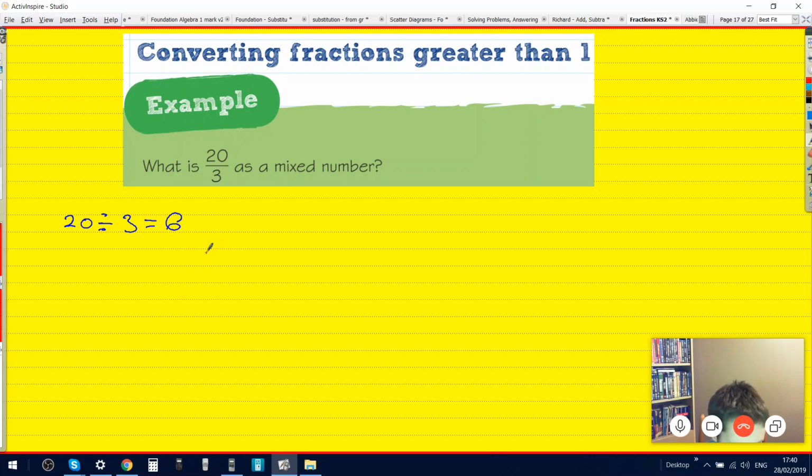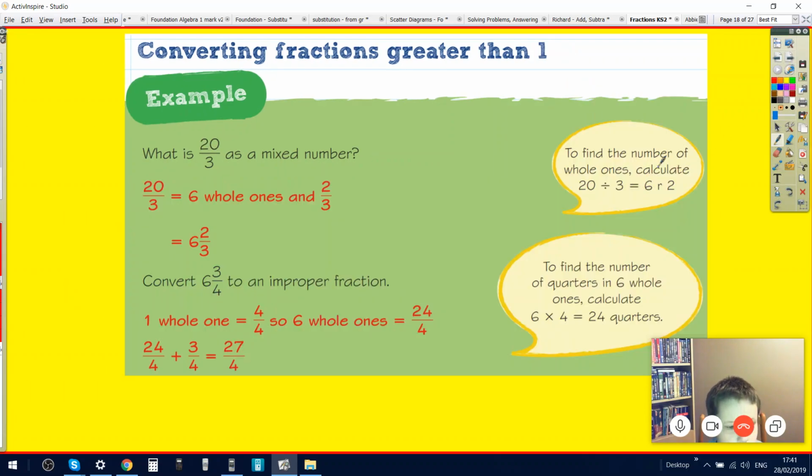So 6 remainder 2. And so how would you write that as a mixed number? 6 and 2/3. Well done, because the denominator was 3. Okay. 6 and 2/3.